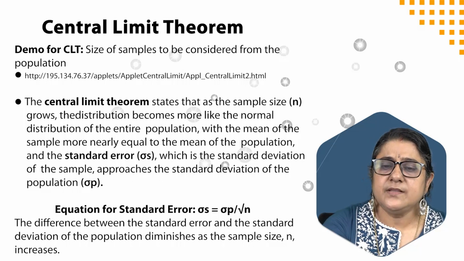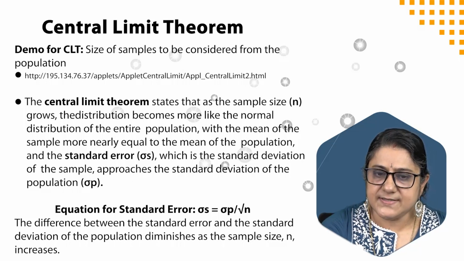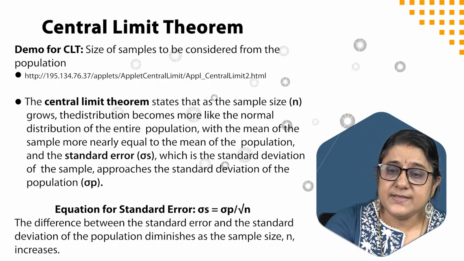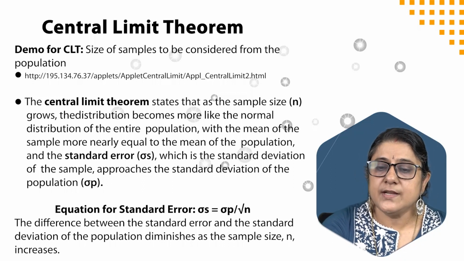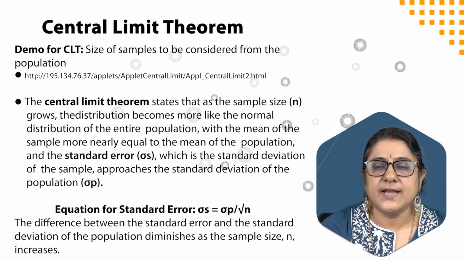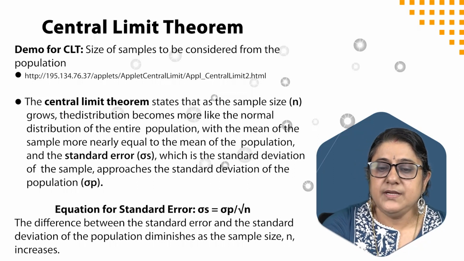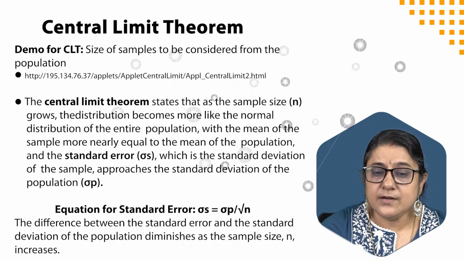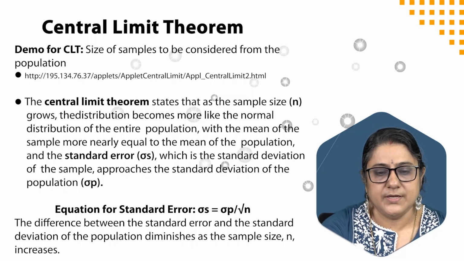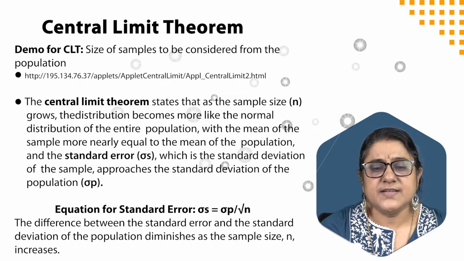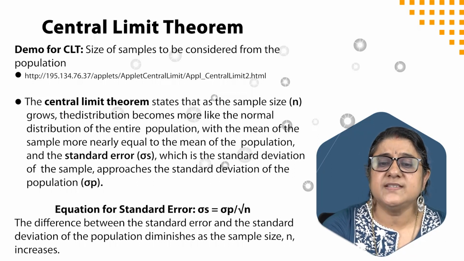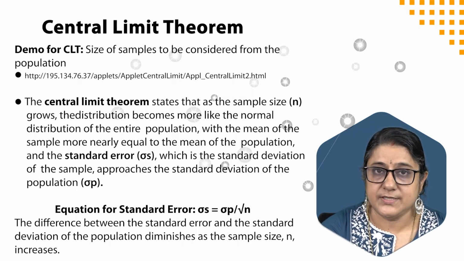The central limit theorem emphasizes that if the sample size n grows, the distribution becomes more like a normal distribution of the entire population, with the mean of the sample nearly equal to that of the population. And the standard error, which is the standard deviation, approaches the standard deviation of the population.